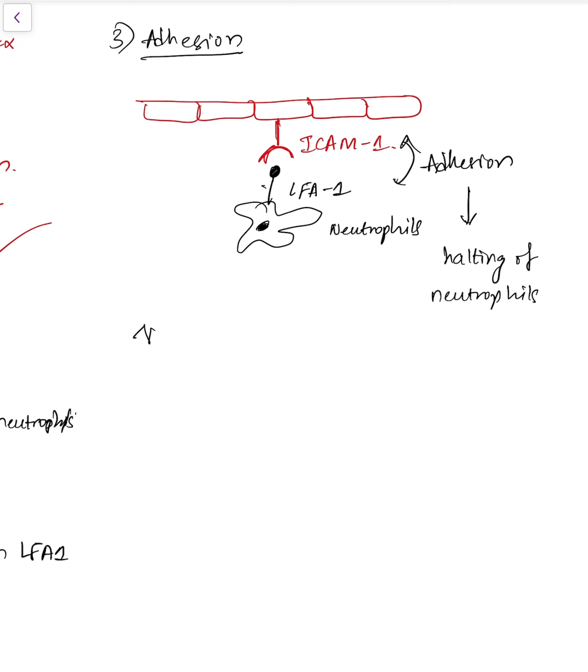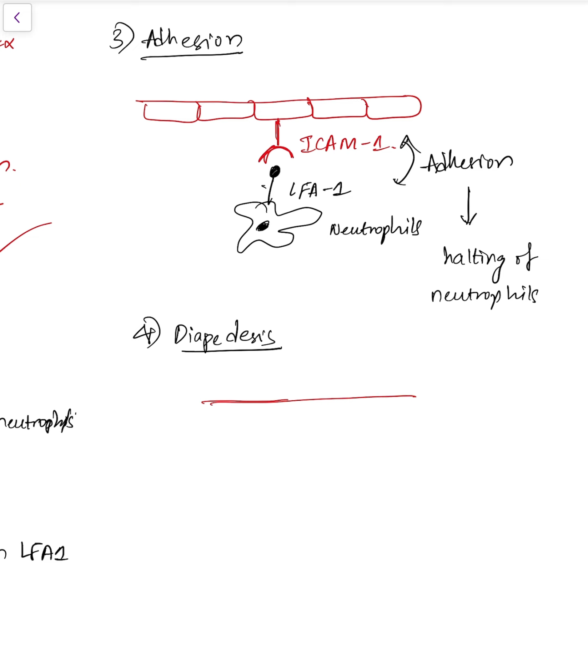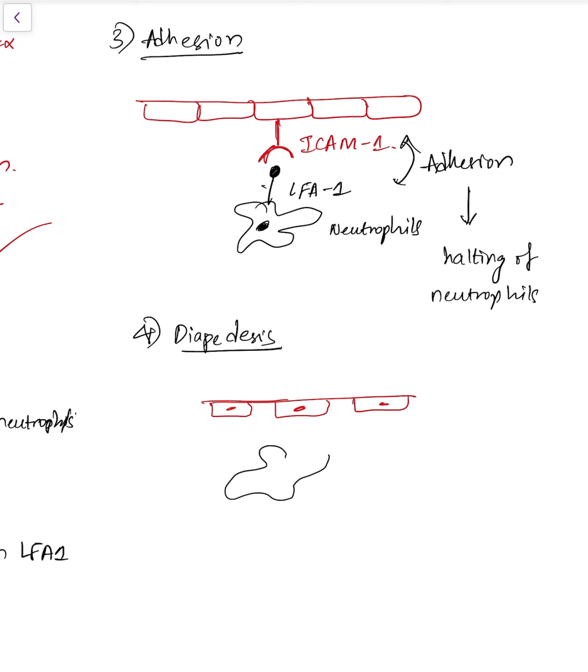Now, what is the next step? The neutrophils have stopped, but they actually have to cross the barrier to reach the site of injury. Right. The neutrophils have halted, then it leads to release of autotaxins.